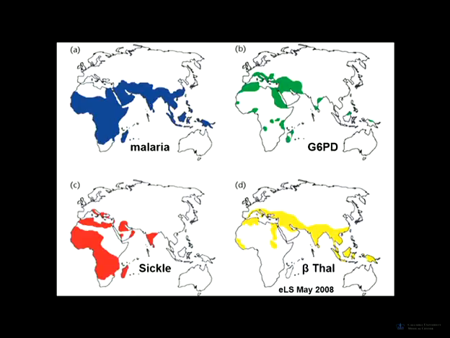The implication is that there must be a very potent evolutionary pressure by malaria to give rise to these conditions that do cause human disease. So Dr. Eisenberger talked about G6PD deficiency, which you can see is present in those parts of the world that were associated with malaria. And then two of the conditions I'm going to be talking about today, one is sickle cell anemia, and one is thalassemia. And again, all of these conditions most likely arose because of our ancient connection with malaria.